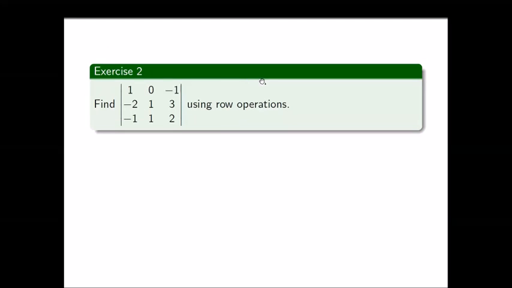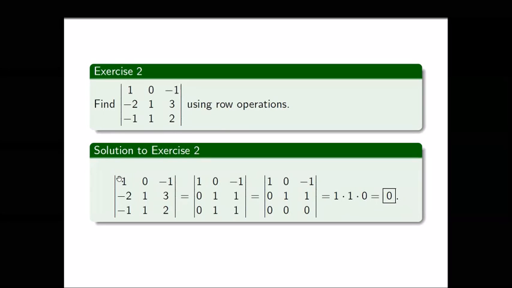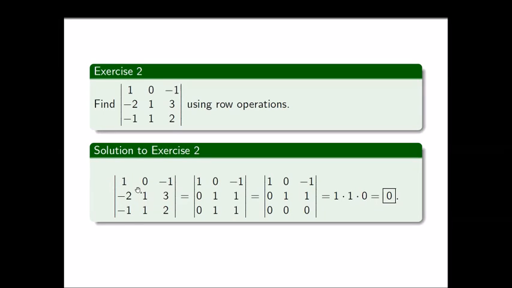Let's look at another exercise. So we are given another 3 by 3 matrix, and we want to compute its determinant using row operations. So the first step we take to compute this determinant is that we add row 1 times 2 to row 2, and we add row 1 to row 3.